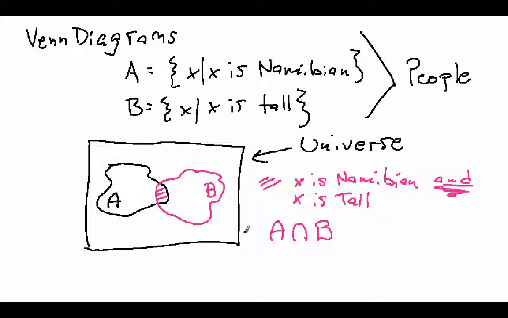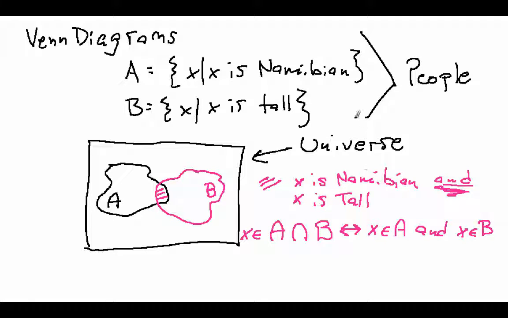And we would say that X is contained in A intersection B if and only if X is contained in A and X is contained in B. Now it could certainly be the case that this is an empty set.